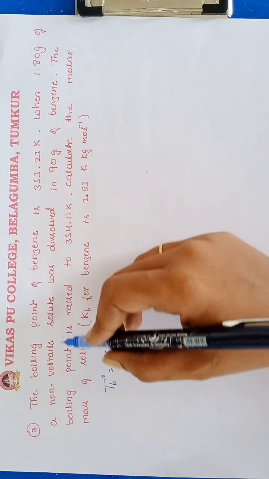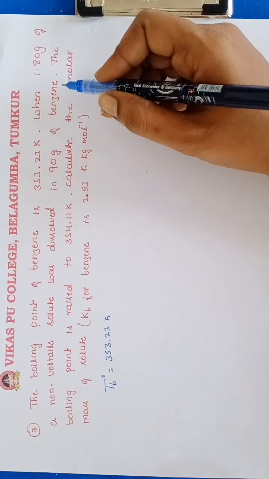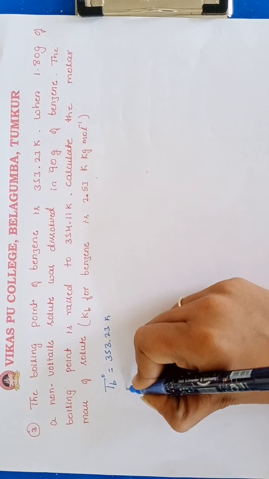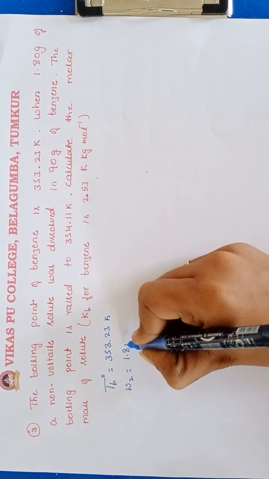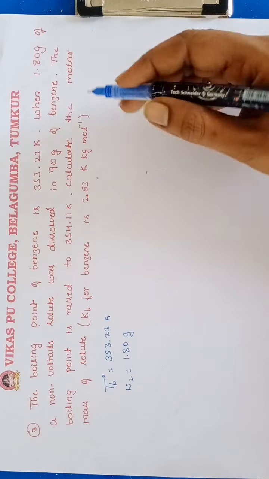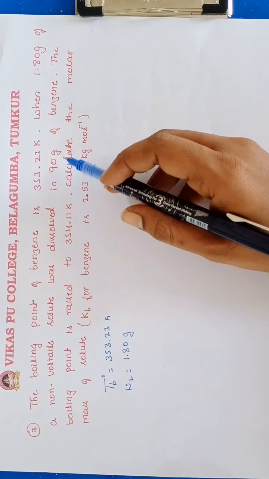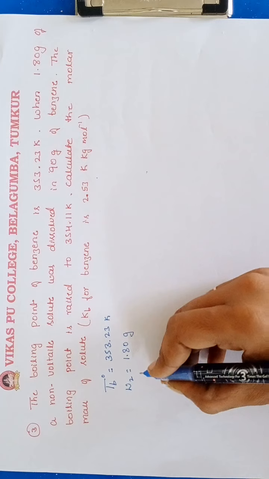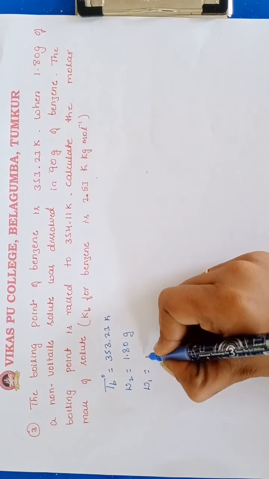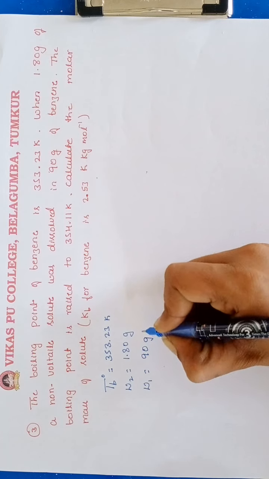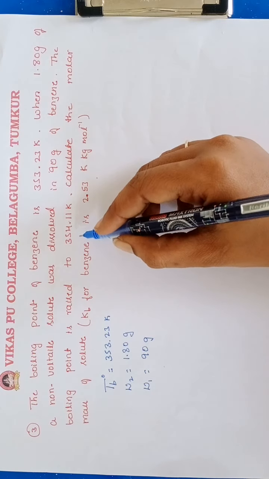Then 1.80 gram of non-volatile solute means the mass of the solute, that is W2. W2 is 1.80 gram. Then dissolved in 90 gram of benzene. This is the mass of the solvent, that is W1 equal to 90 gram. The boiling point is raised to 354.11.